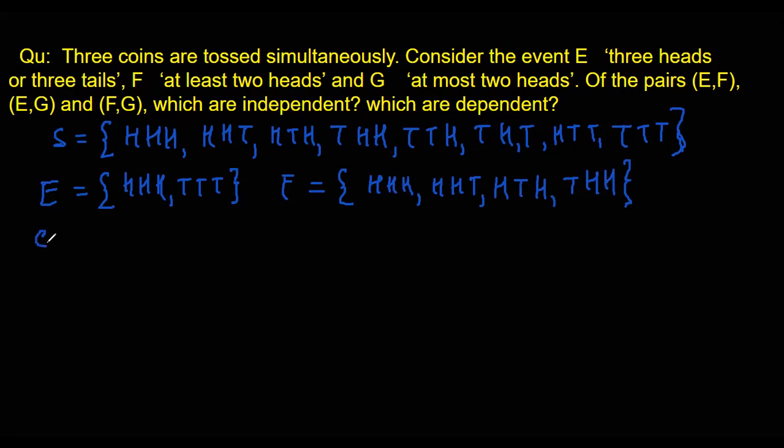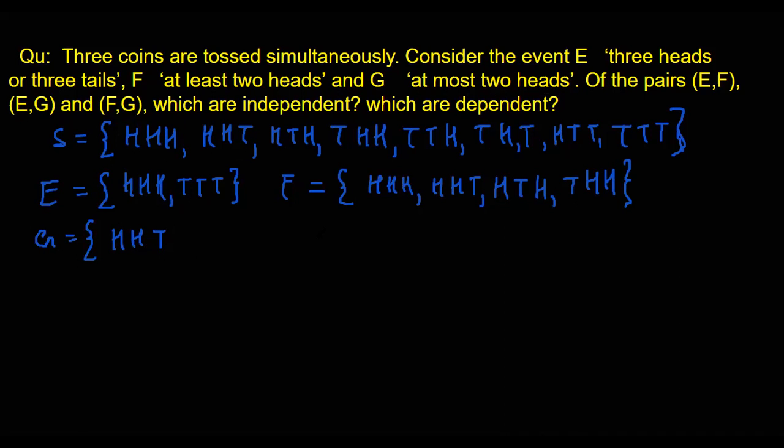One more event is there, Z. Z was defined as at most two heads. At most means we can have two or fewer heads, right? So all that contain two heads will be there. Except this, I'll have all. This I cannot have. At most two heads means more than two heads are not allowed.